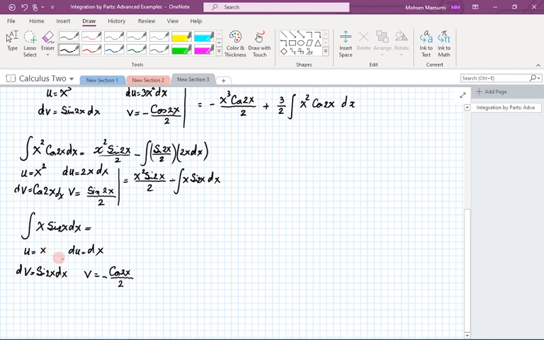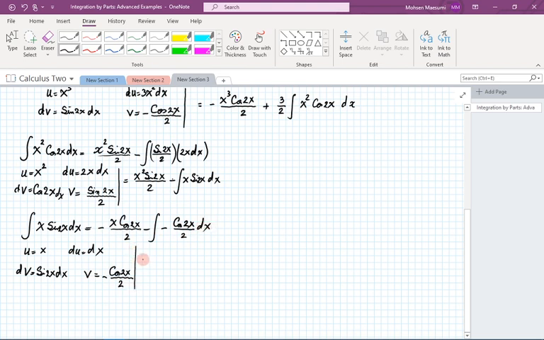So the product of these two, we put the minus up front so that it doesn't look like subtraction, and then x cosine of 2x divided by 2, and then minus integral of the product of these two, which is going to be minus cosine of 2x over 2 times dx.